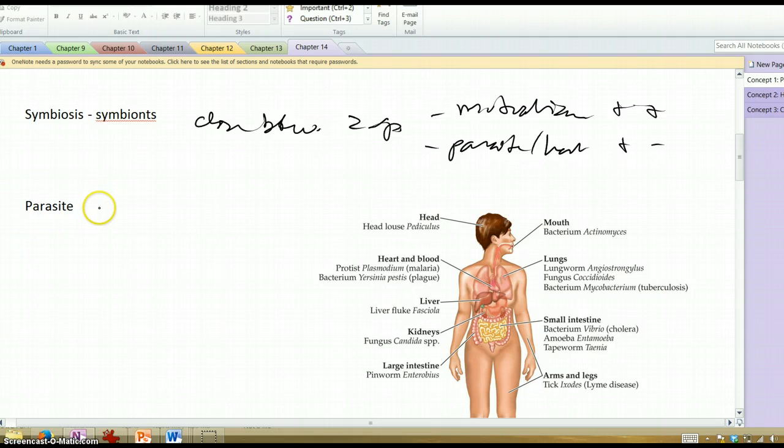So, a parasite is an organism that essentially lives in or on another one and basically derives nutrition from them and uses that host to also, in some part, complete its life cycle.